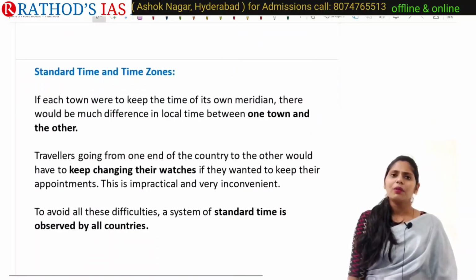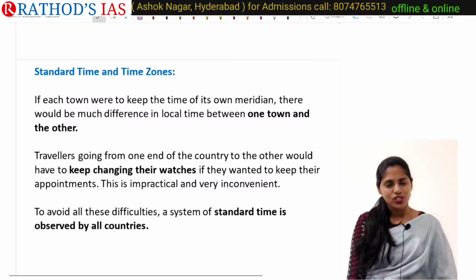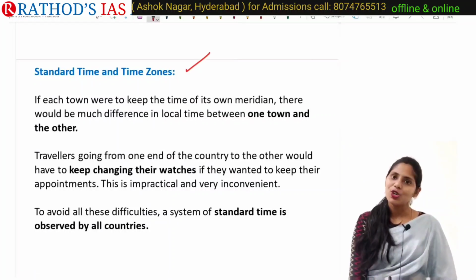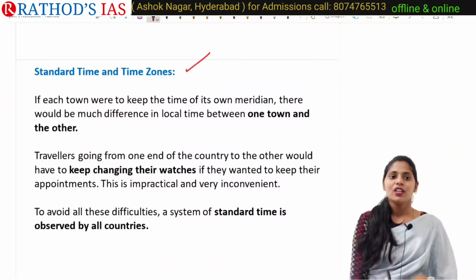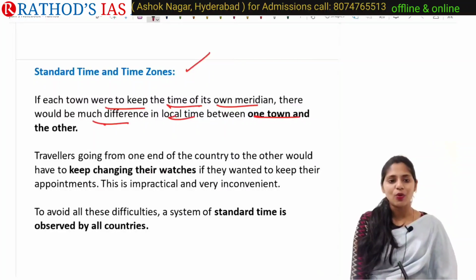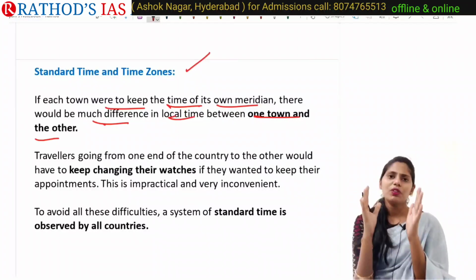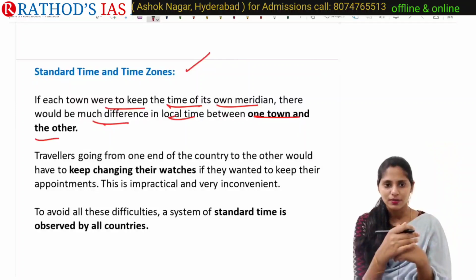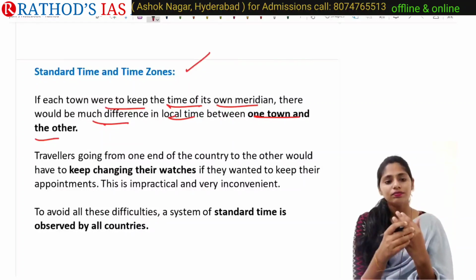Now let us talk about standard time and time zones. This is also one important subtopic that you need to remember. If each town were to keep the same time on its own meridian, there would be a big difference in local time from one town to another. So one standard time is not suitable that way.